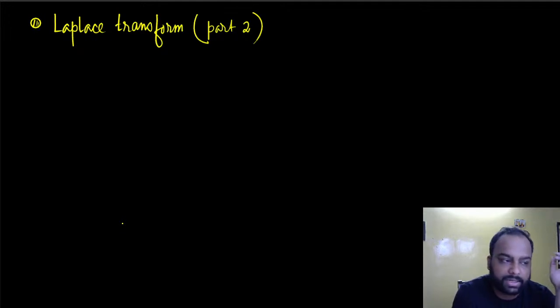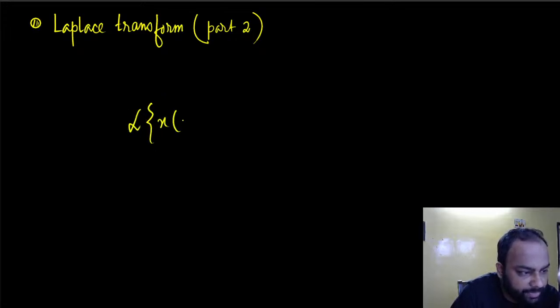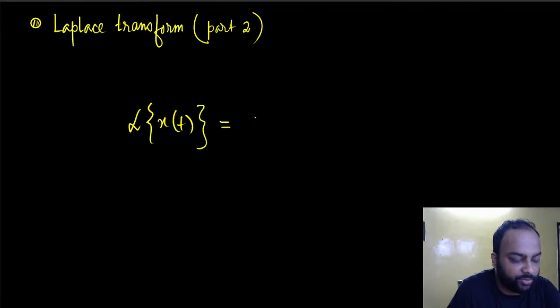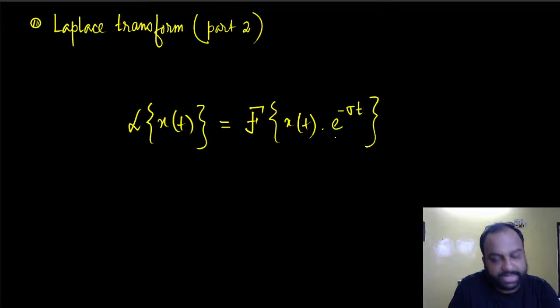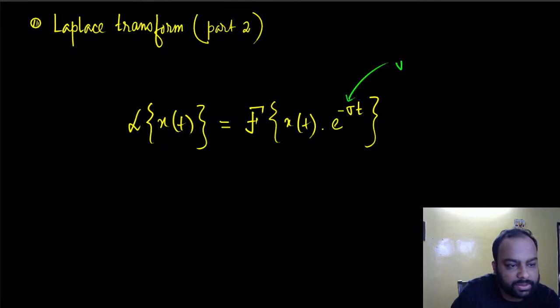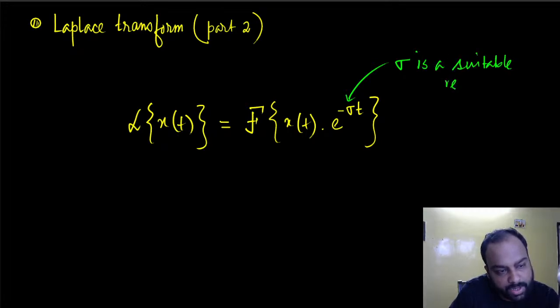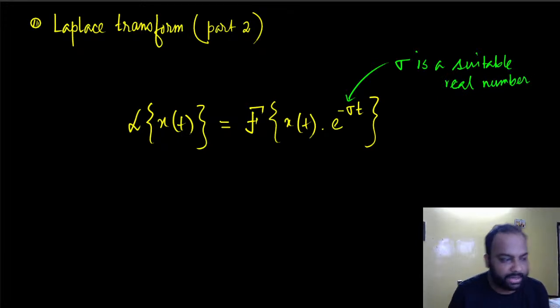And we said that the Laplace transform of a signal x(t) can be defined as the Fourier transform of the same signal multiplied with a certain exponential factor. And I said this sigma was a suitable real number.